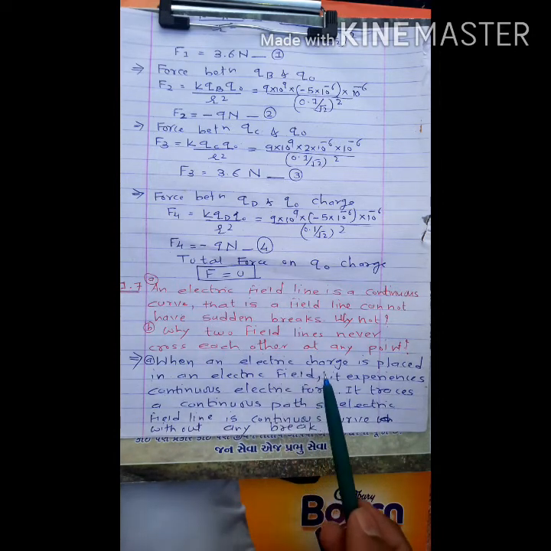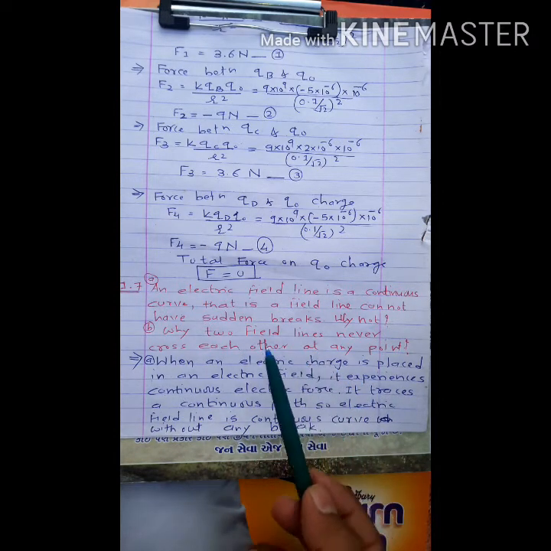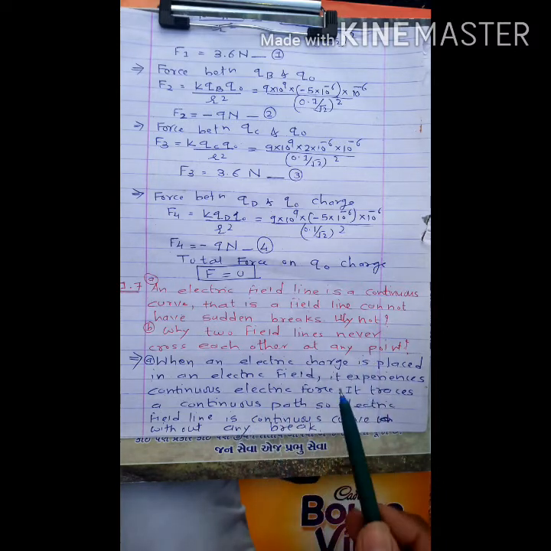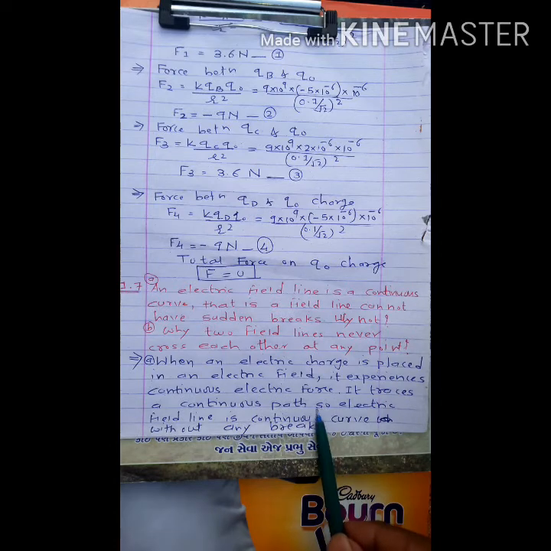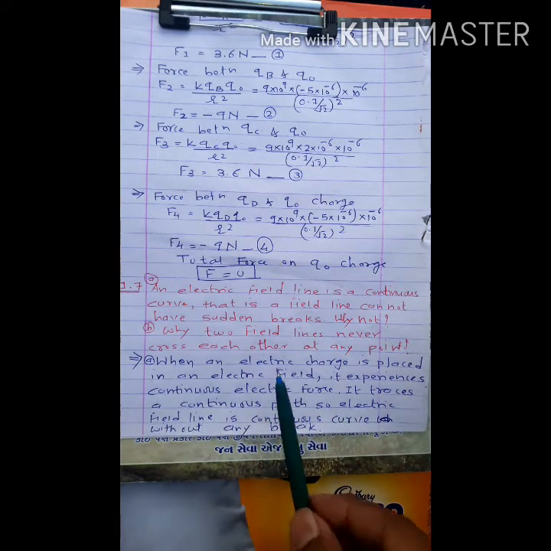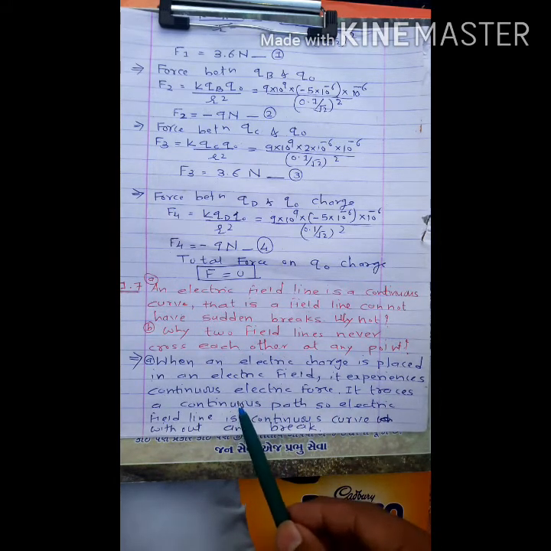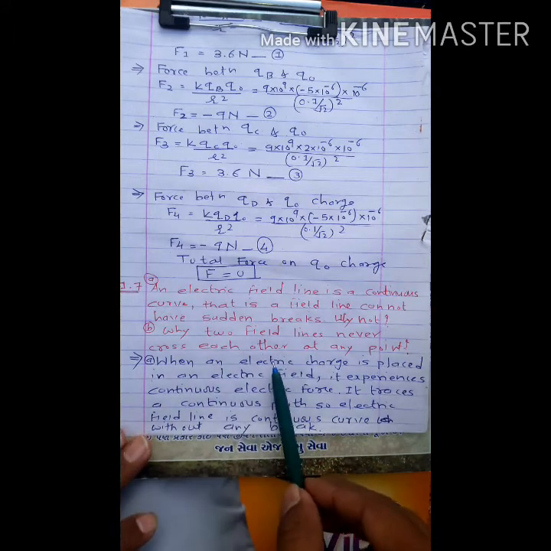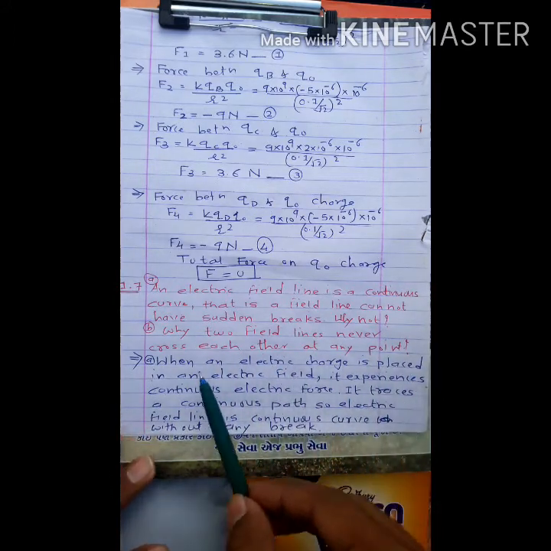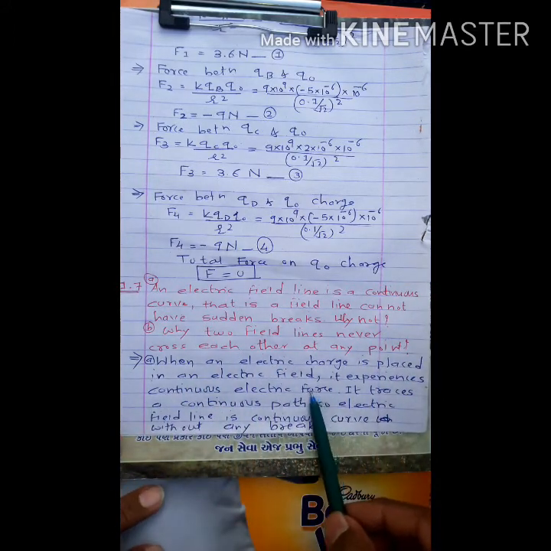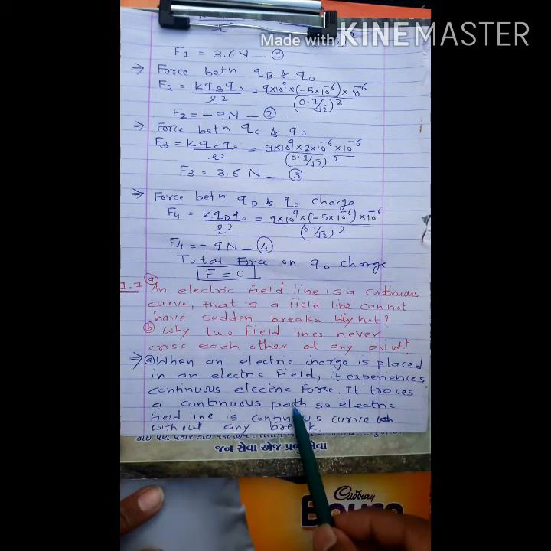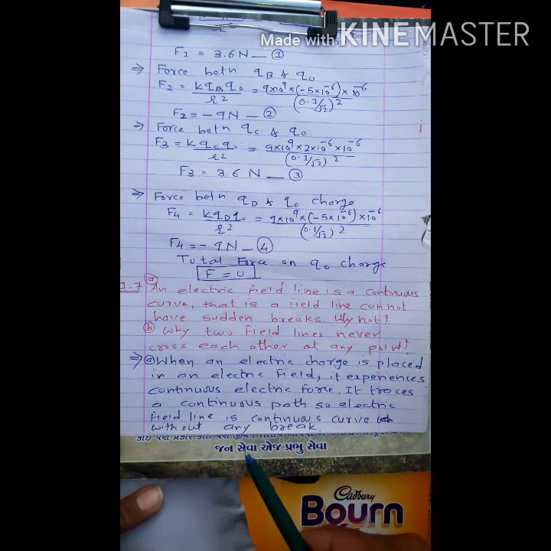Okay, the path of the force is continuous, so the electric field line is also a continuous curve. So without any break we can draw a continuous electric field line. Charge is placed in an electric field, it experiences continuous electric force, so it traces a continuous path, so the electric field line is a continuous curve without any break.